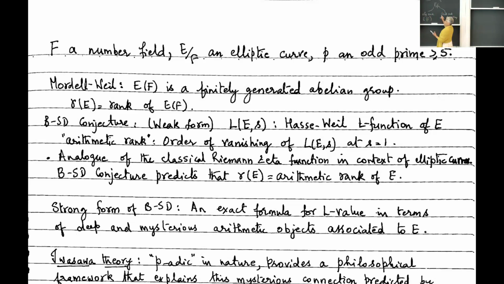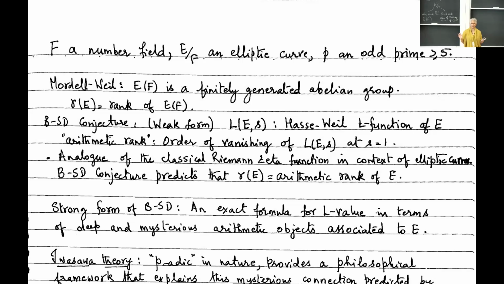This is really one of the first cases of an automorphic L-function, order of vanishing at s equals 1 of the Hasse-Weil function. And then the Birch-Swinnerton-Dyer conjecture is this prediction that these two are equal.